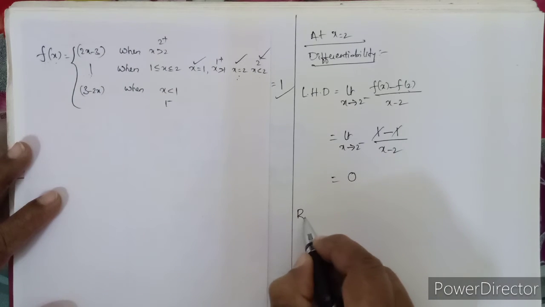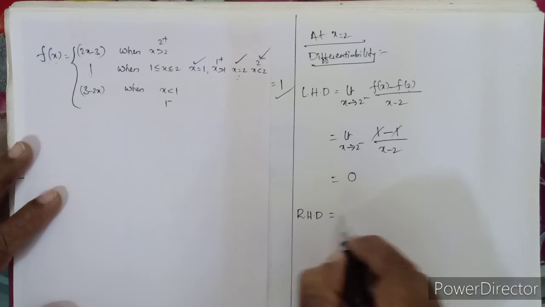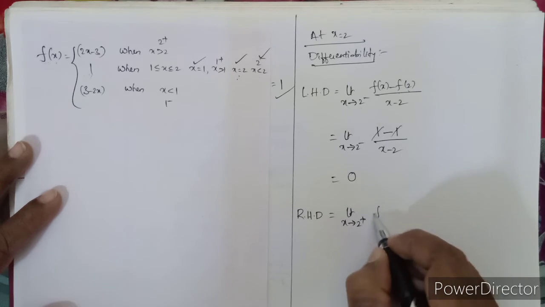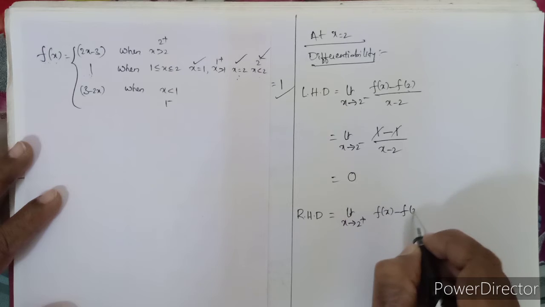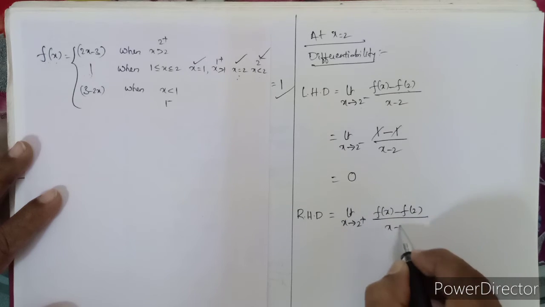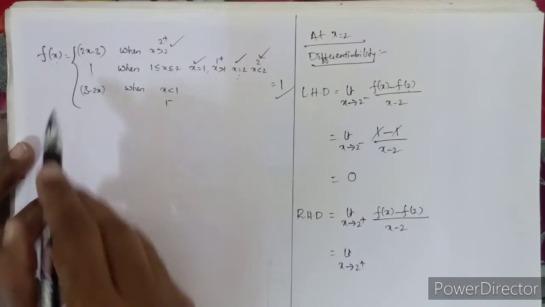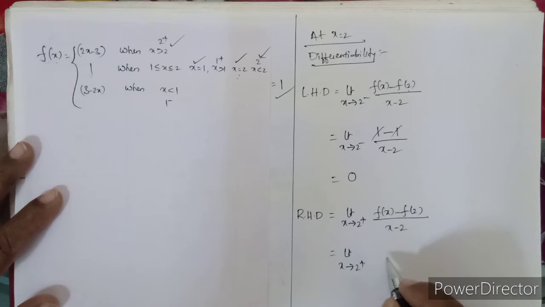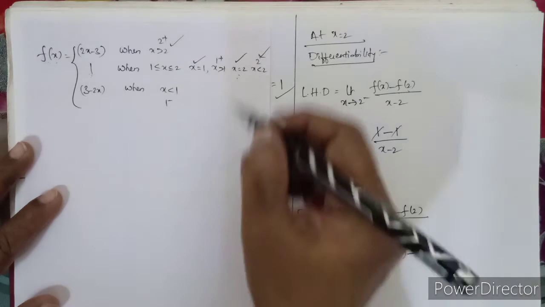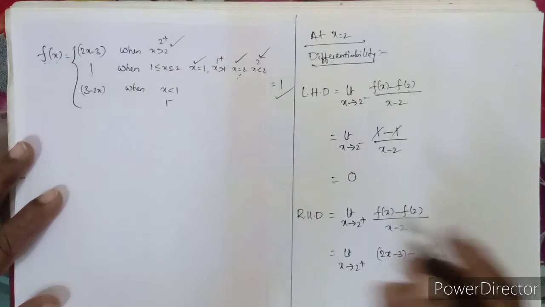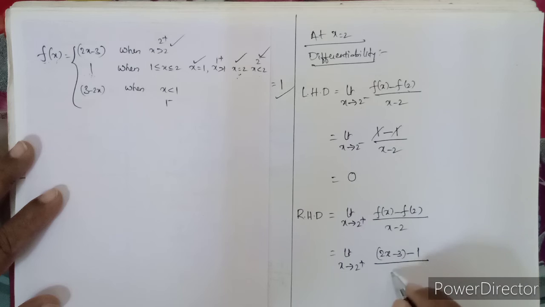Now we'll see the right-handed derivative of f at 2. Limit x tends to 2 plus, f of x minus f of 2 by x minus 2. When x is in 2 plus, f of x is 2x minus 3. Minus, when x is equal to 2, put x is equal to 2 here, f of 2 is 1, by x minus 2.